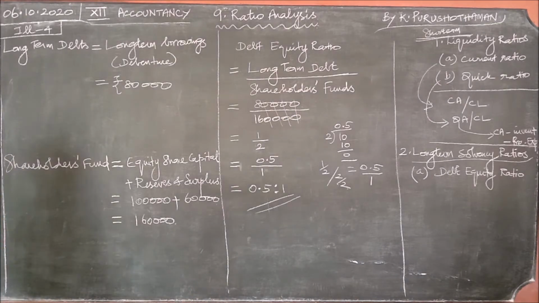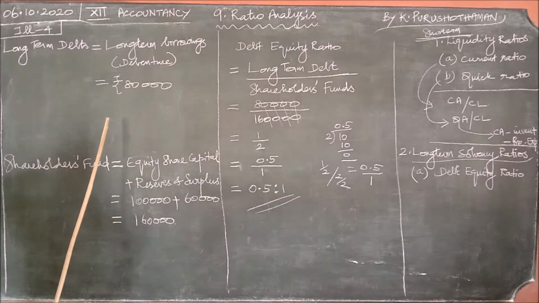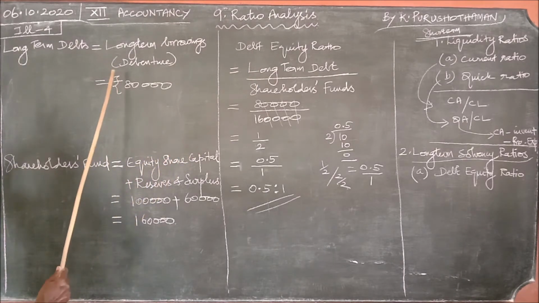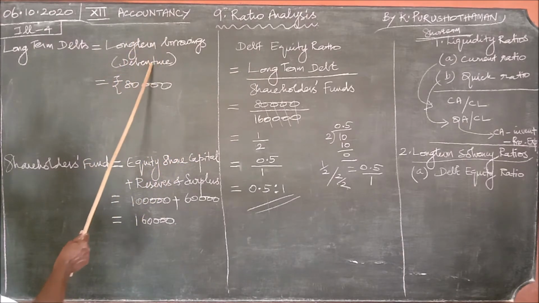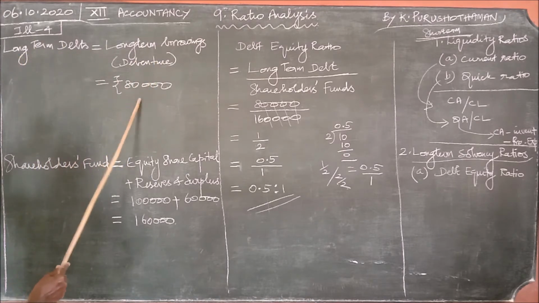What do we mean by long-term debt? I repeat once again: debenture, bonds, long-term loan, long-term borrowings. These are the 4 items for long-term debt. But in the given problem, out of these 4 items, only one is given, that is long-term borrowings or debenture. So long-term debt is only 80,000.